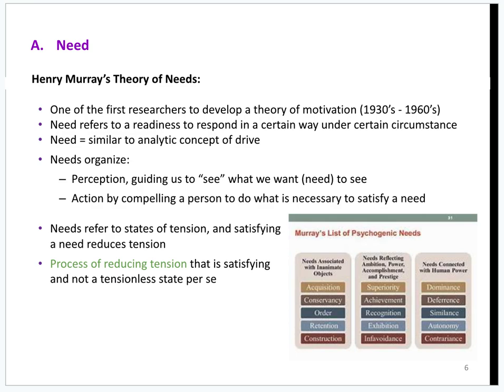Need refers to states of tension, the state of tension of being hungry, or the state of tension because you're lacking something. It drives you into action, and it also makes us see what we want to see. The process of reducing the tension, that's the part that's satisfying, not the tensionless state per se.